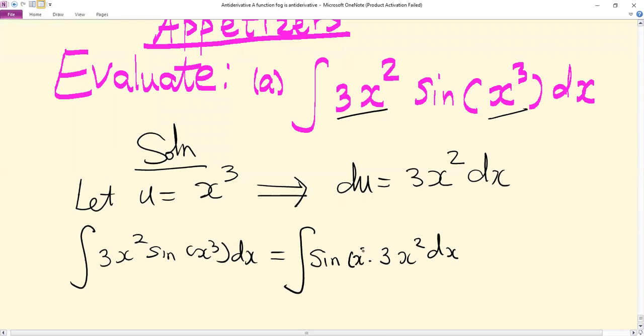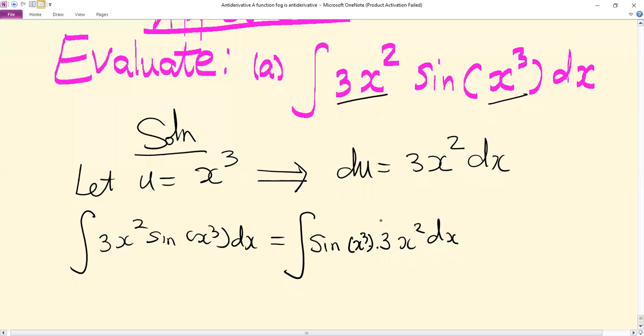So x power 3 is the same as this one here. And so this part we replace by du, and this part we replace by u.